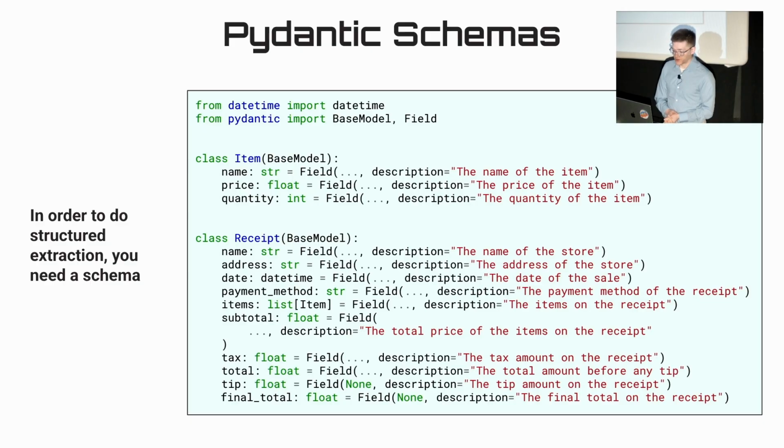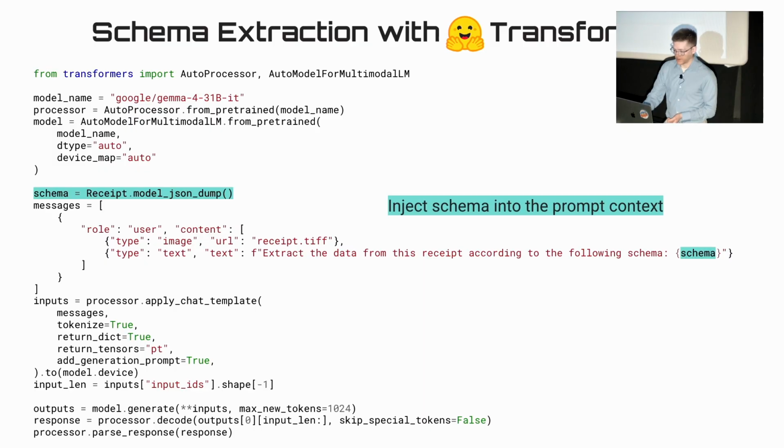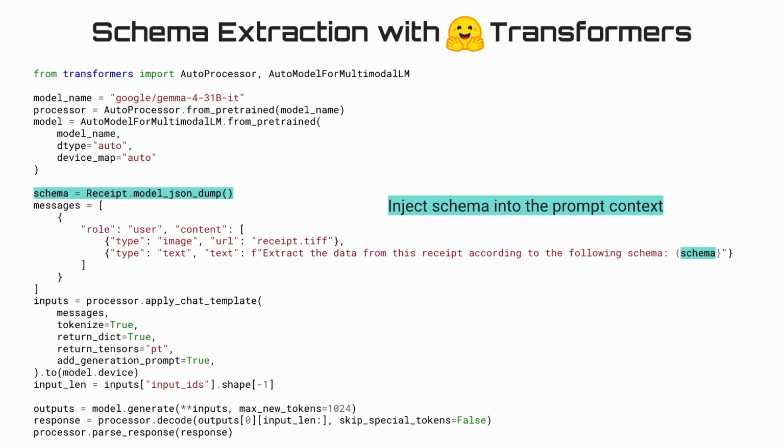The descriptions are also useful, because not only do they tell you what the field is if you're just looking at this in code, you can also use that information when dumping the schema. So if we're doing schema text extraction with Hugging Face transformers, you can dump the schema directly from the model.